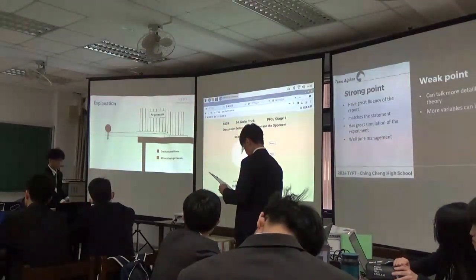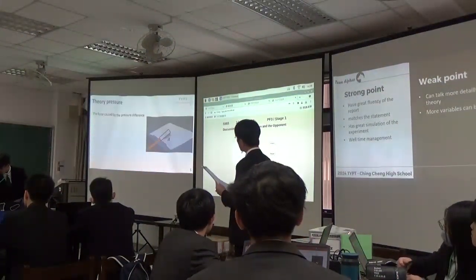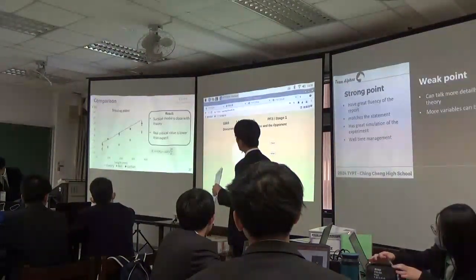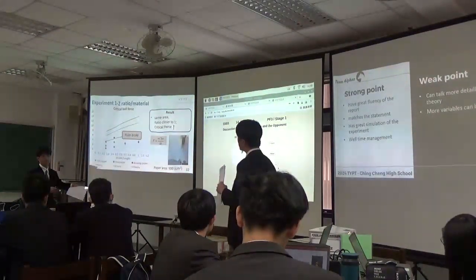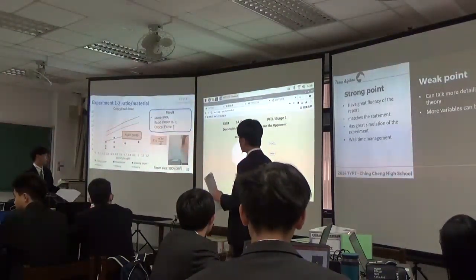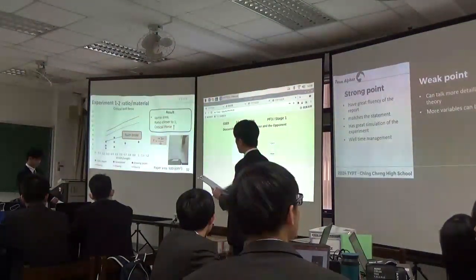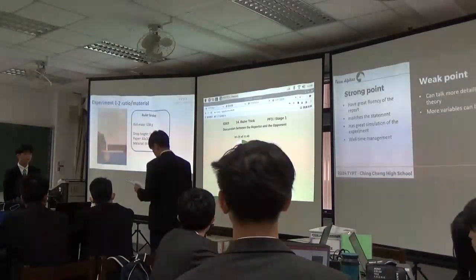So in my experiment data, you can see that in this condition the critical force is too big for the ruler, so the ruler broke.